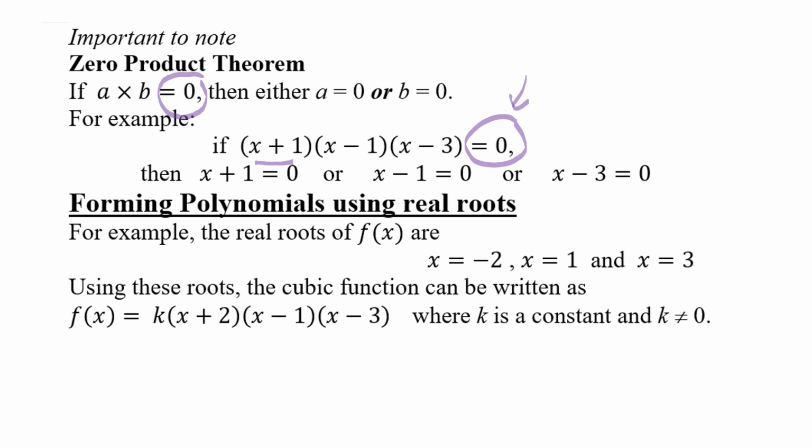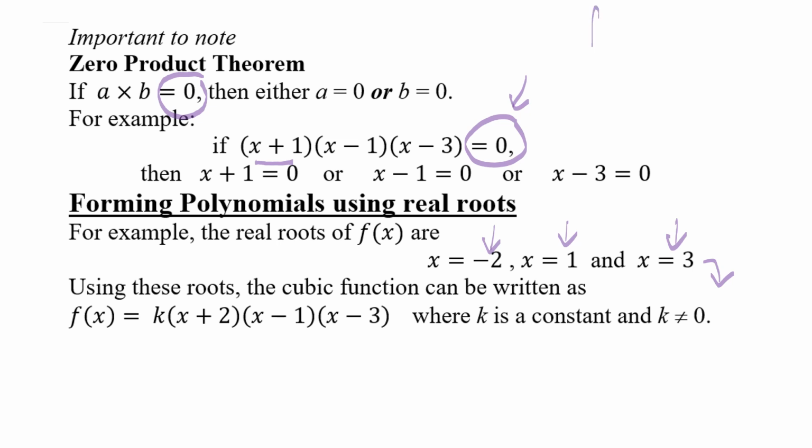So from the examples given there, if you are given this polynomial f(x), and if this polynomial f(x) has all these as the real roots, how do you form the polynomial? If you were to work backwards, remember x equals negative 2, x equals 1, x equals 3 is something like what you see on the calculator.